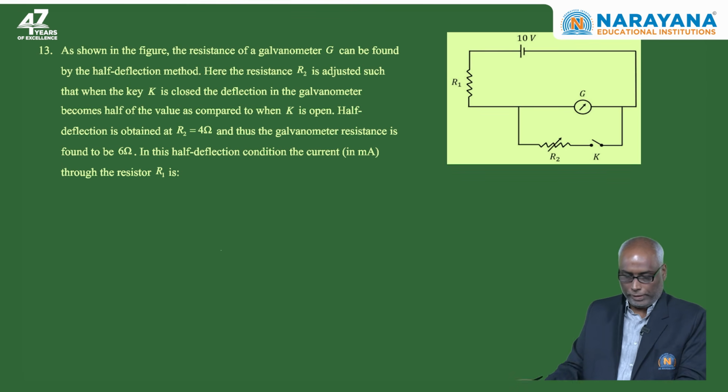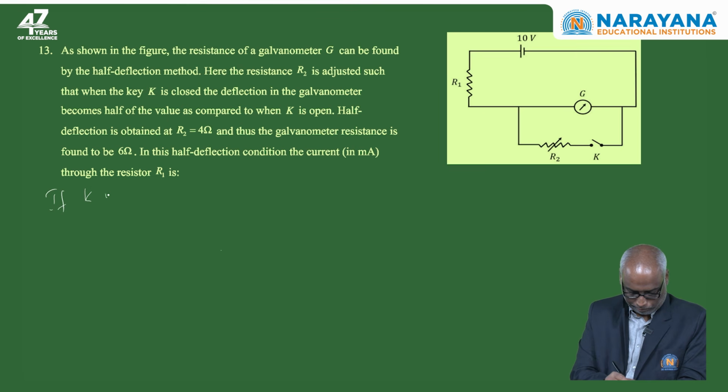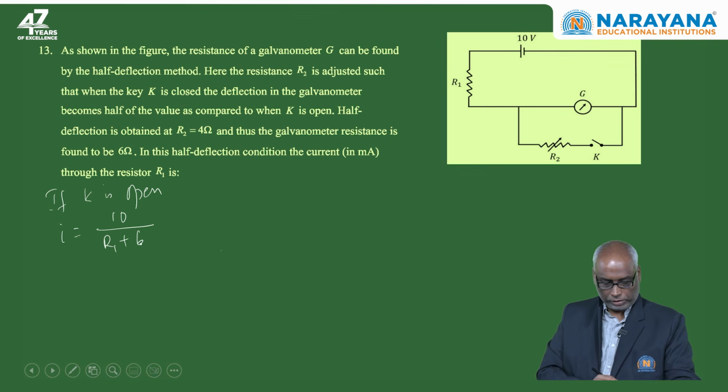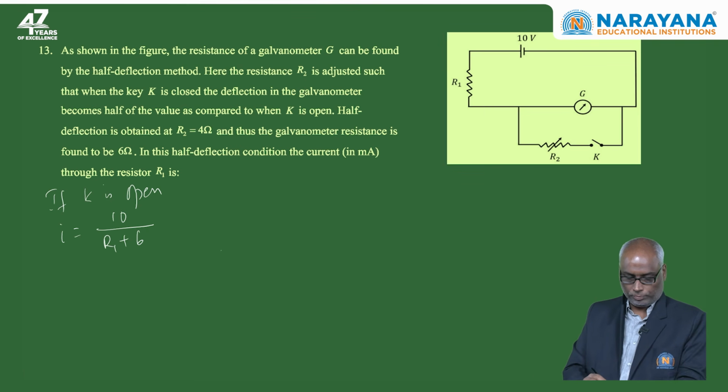So when K is open, the current in the circuit equals total EMF 10 divided by total resistance. The resistance of the galvanometer is given as 6 ohms, R1 is not given. So the total is R1 plus 6. This is the current flowing through the galvanometer also.